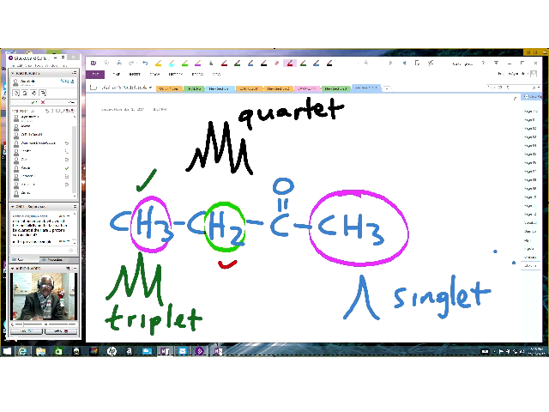This is a quartet because these 2 hydrogens here are seeing 3 hydrogens on the next carbon atom. So the multiplicity is an indication of what is on the next carbon atom, not what is attached to that particular carbon atom.